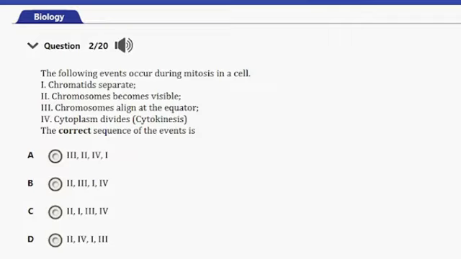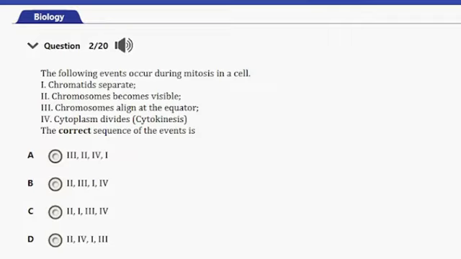The correct sequence of the events is A. III, IV, and then I. B. II, III, I, and then IV. C. II, I, and then IV. D. II, IV, I, and then III.